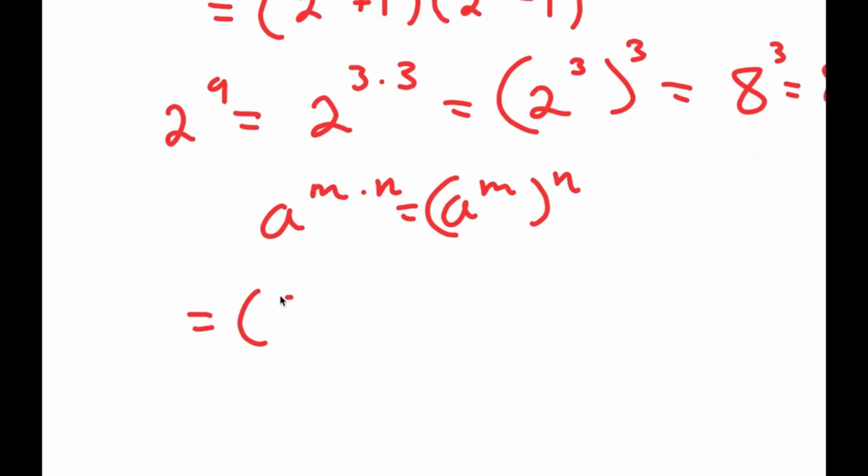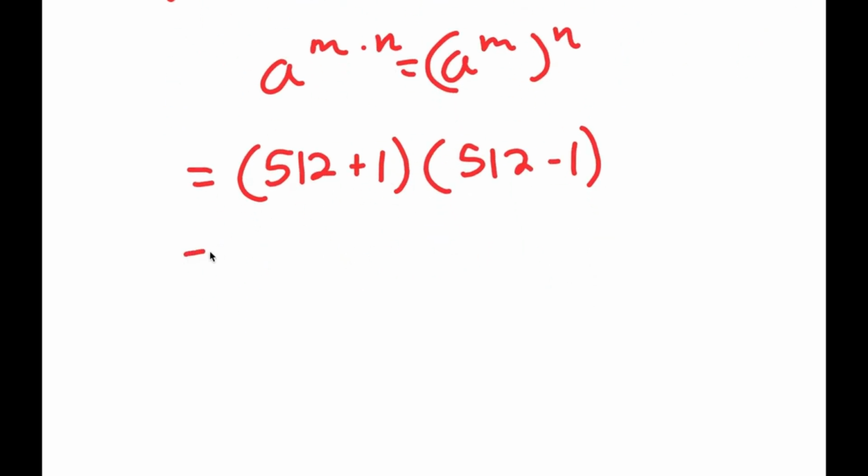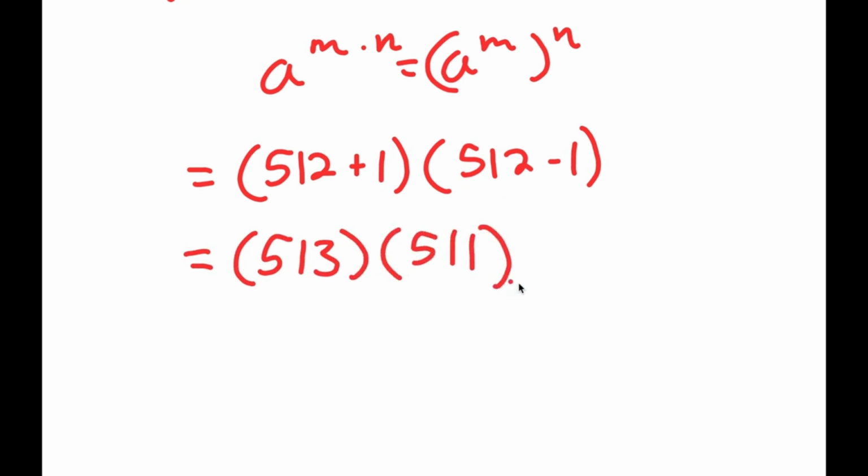So now I get 512 plus 1 times 512 minus 1. So 512 plus 1 is equal to 513, and 512 minus 1 is equal to 511. So I get 513 times 511.